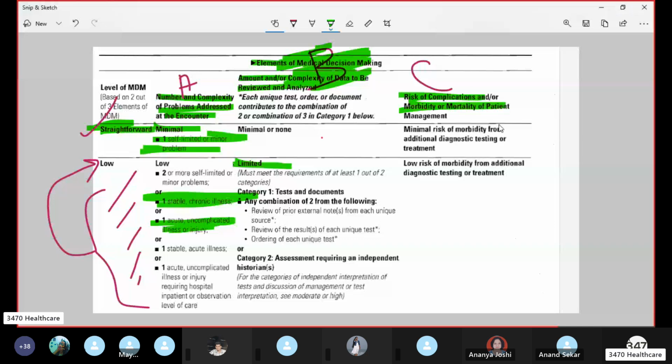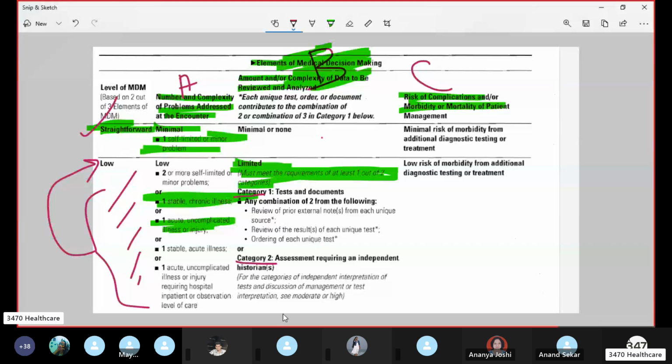Please read this. Must meet the requirement of at least one out of two categories. So here category 1 and category 2 are given, in that any one met. Okay.